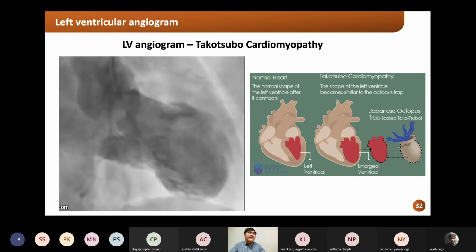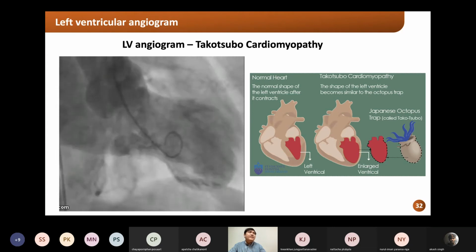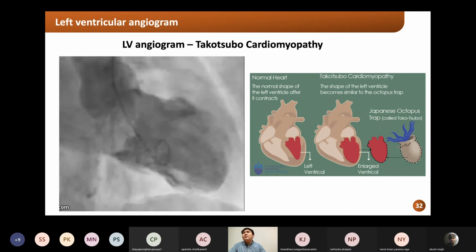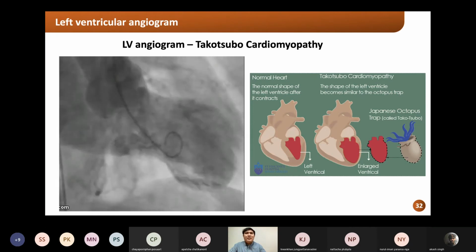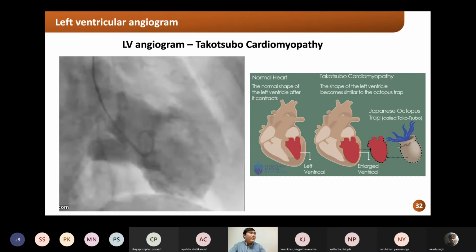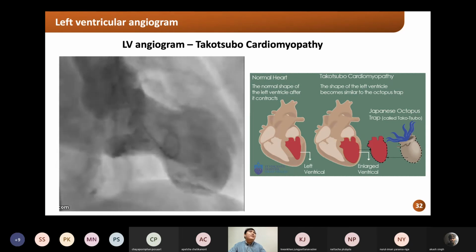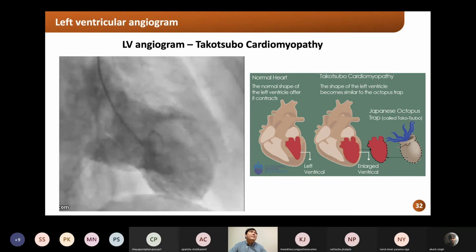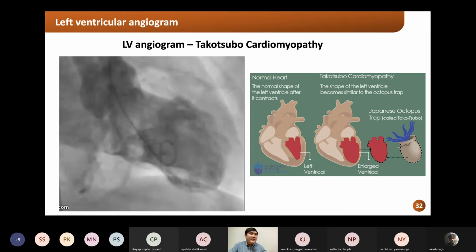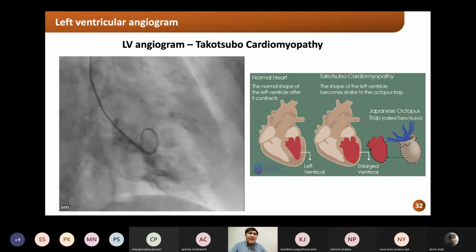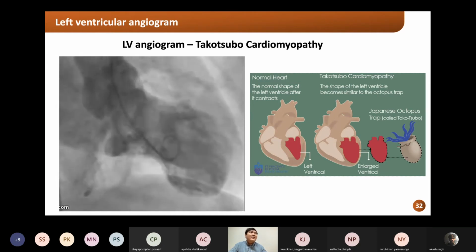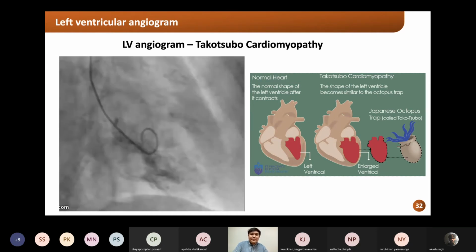The major cause of this disease is stress, or facing a very heartbroken event, like breaking up with a boyfriend or having a beloved person pass away. It can cause this disease. It's like myocardial stunning.